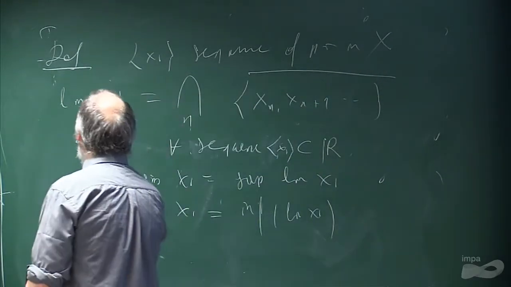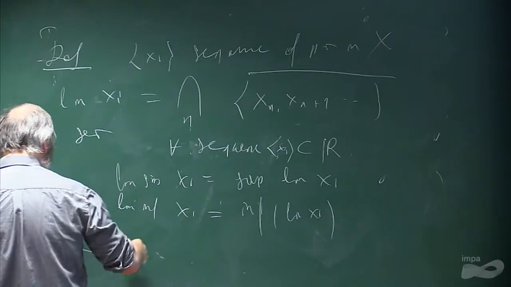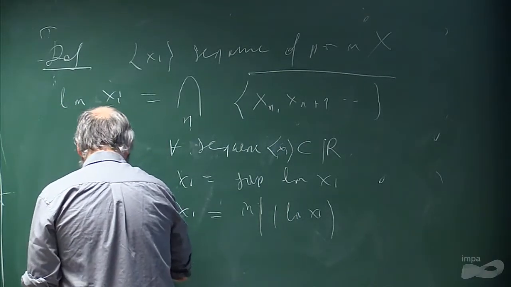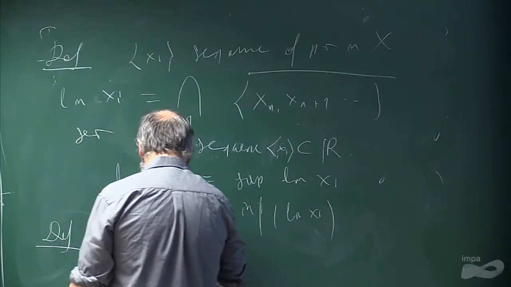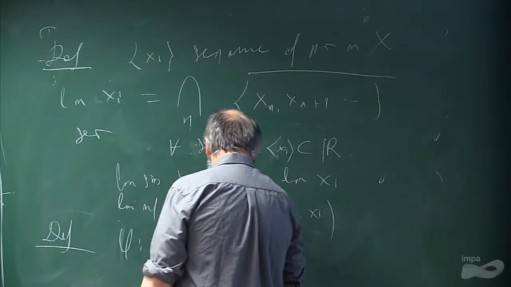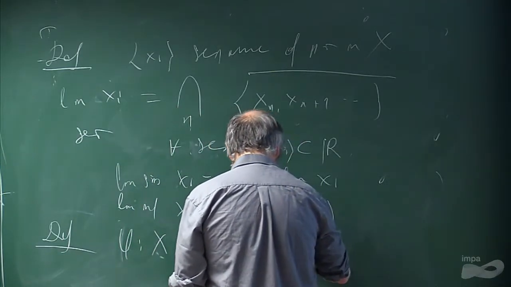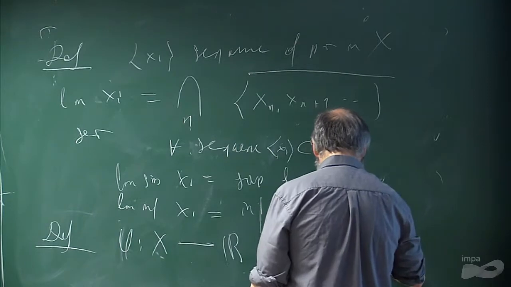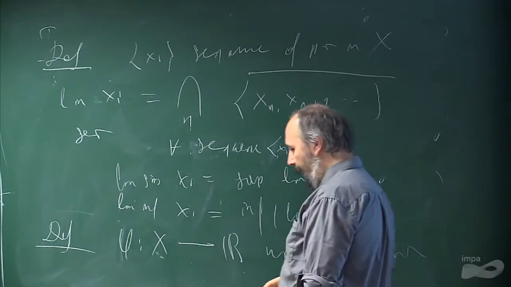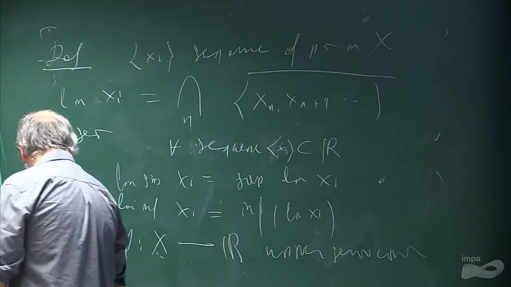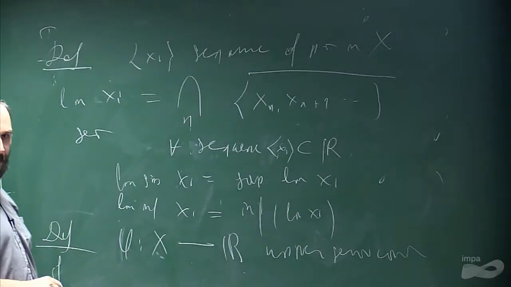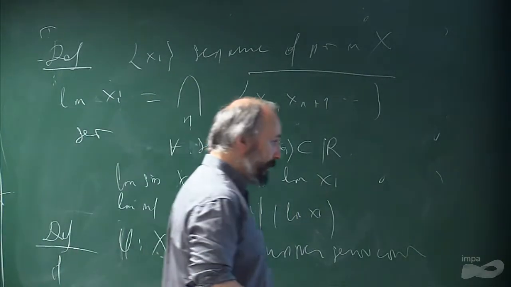Okay, now definition. Phi from X, a topological space, to R, upper semi-continuous. So the limits should jump. For an upper semi-continuous function, the limits jump.